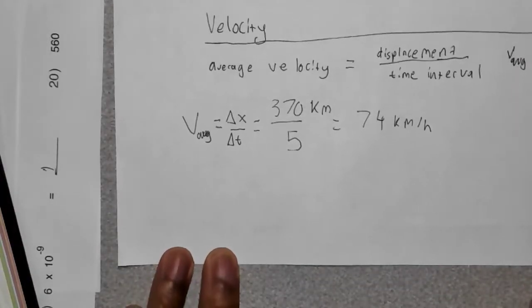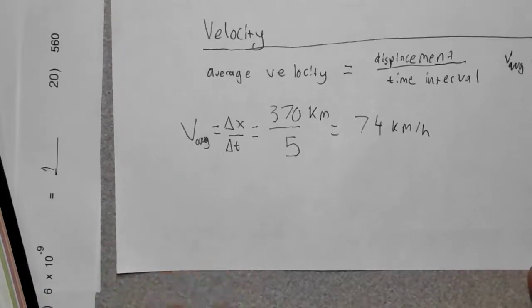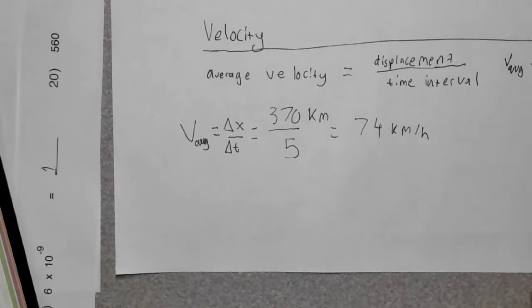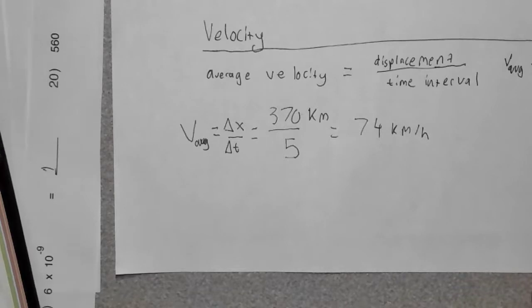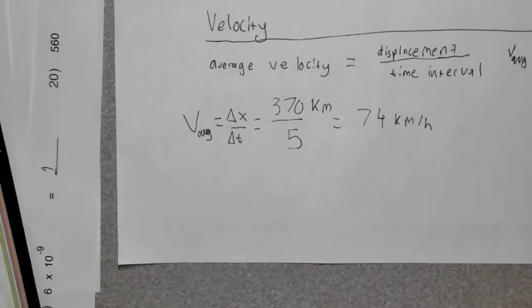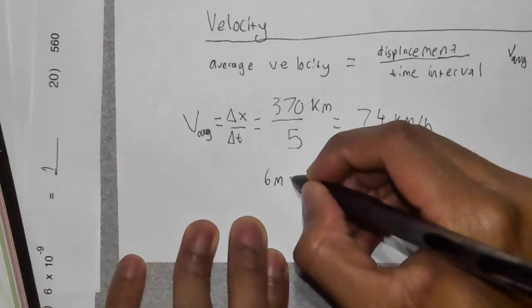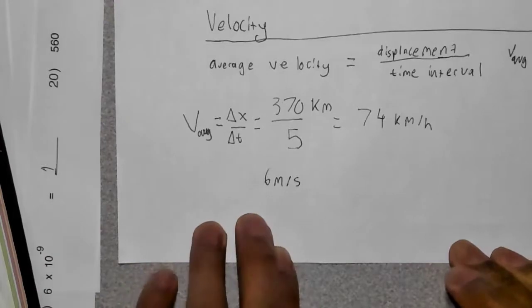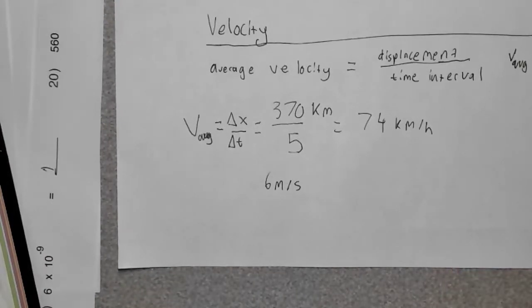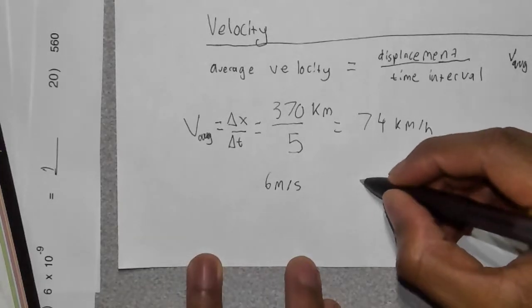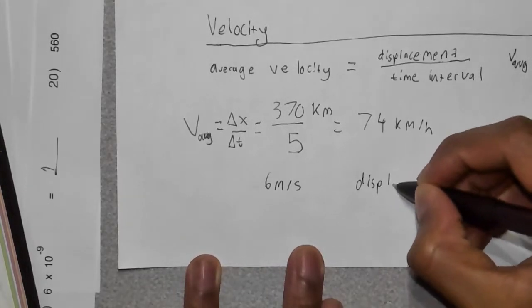So let's look at a variation of this. During a foot race, Andrea runs 6 meters per second to the east. What will be her displacement after 2 seconds?